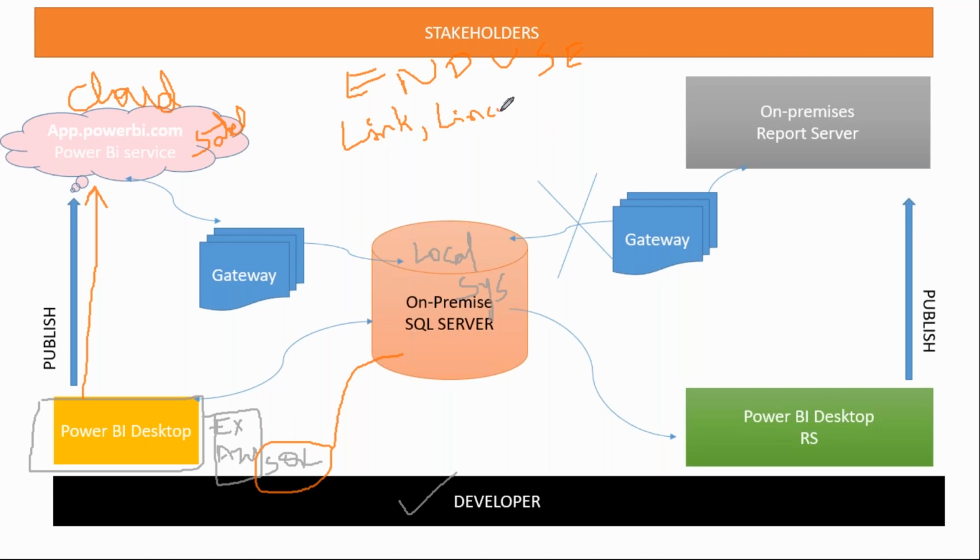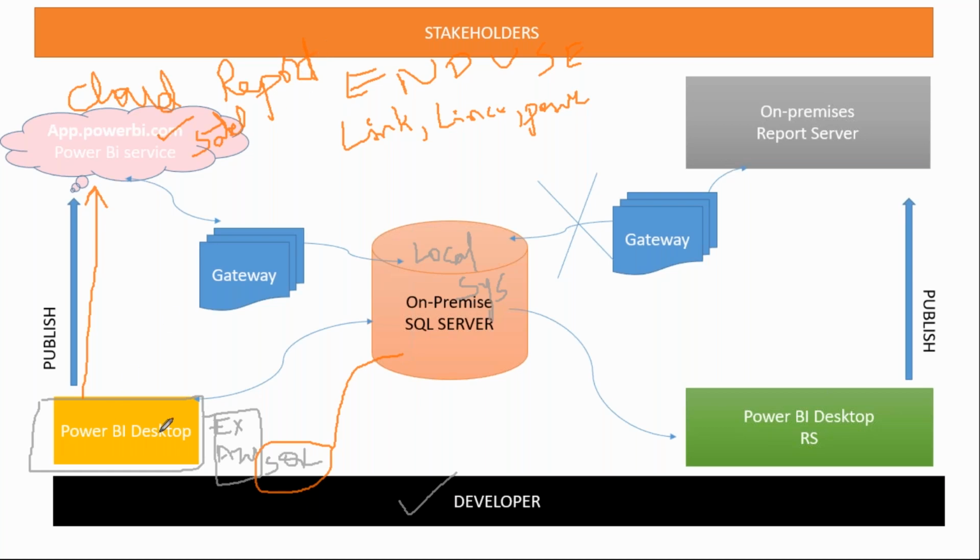And in a simple way, they have to type app.powerbi.com. Once they go to this site, they have to give their credentials and they can access the report. So far so good, right? This is the structure, the architecture, that we know so far.